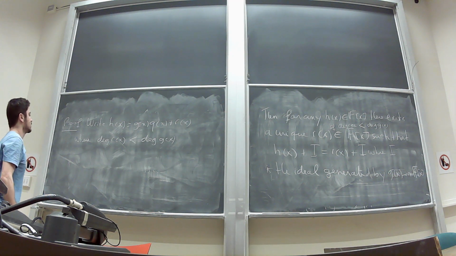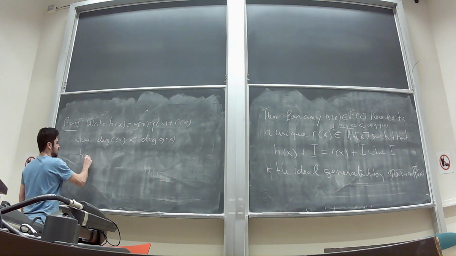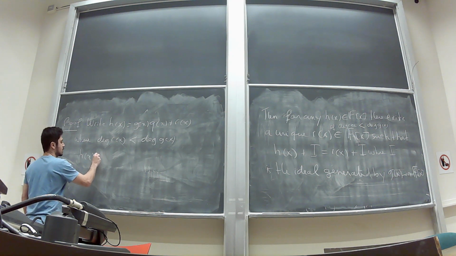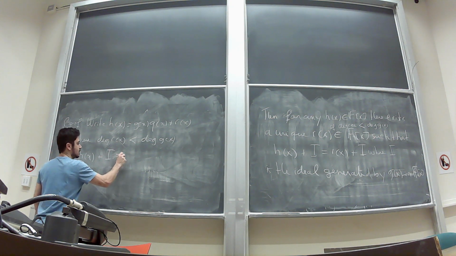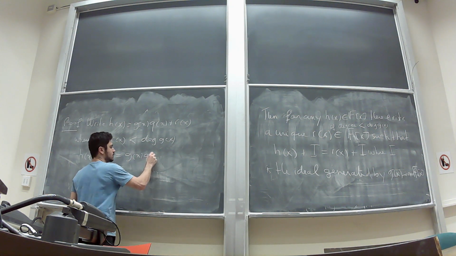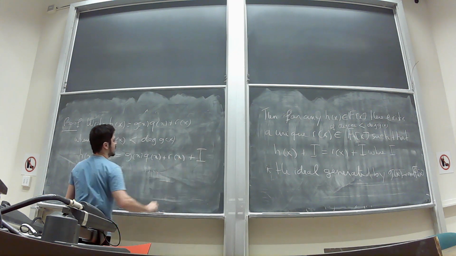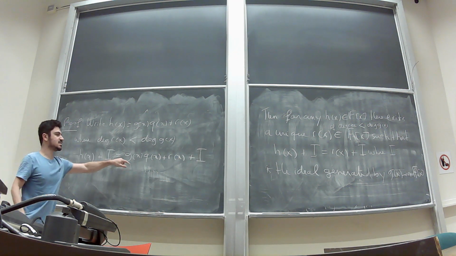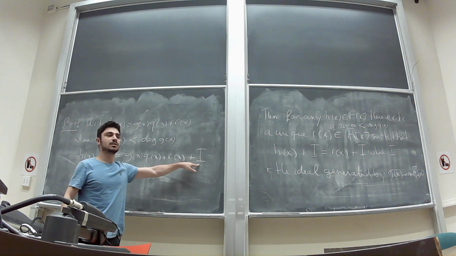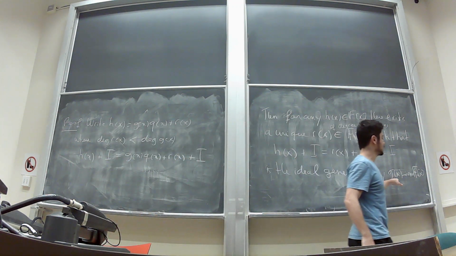Then h(x) plus I is equal to g(x)q(x) plus r(x) plus I. Now, does g(x)q(x) belong to I? I is the ideal generated by g(x).